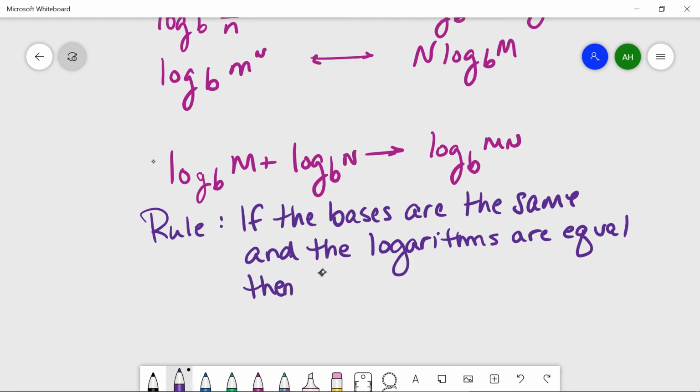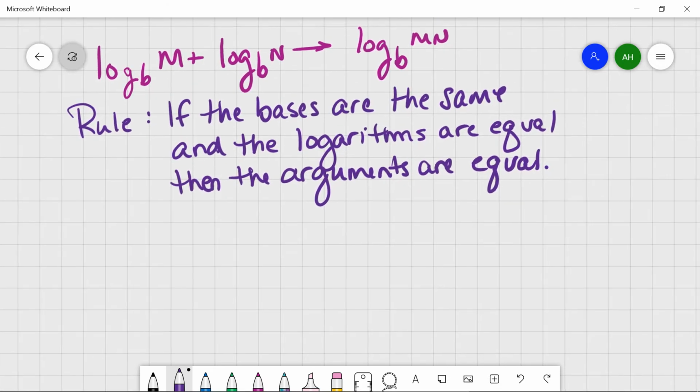Then the arguments are equal. All right, and if you take a moment, just think about that. If the bases are the same and the logarithms are equal, then the arguments are equal.